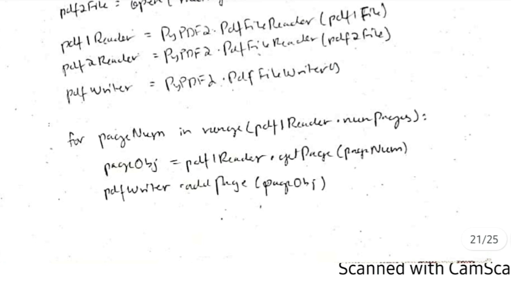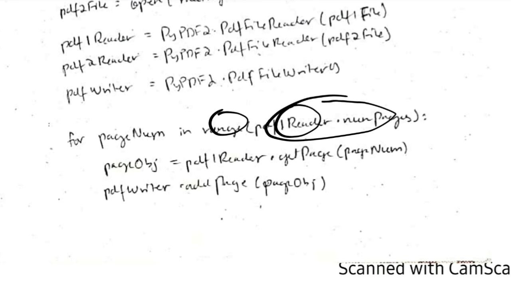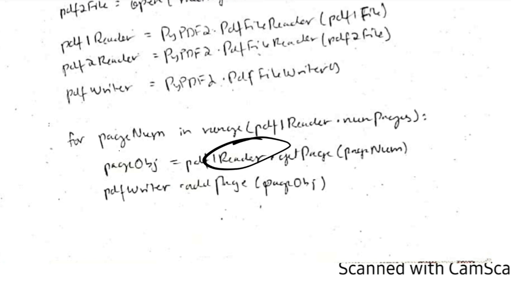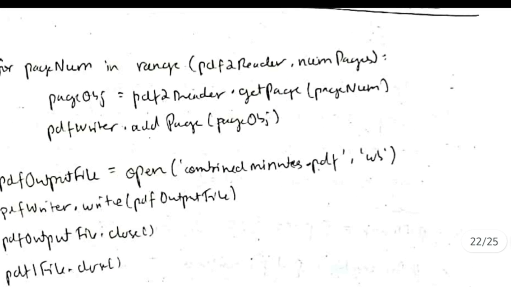Okay, and first we are accessing page 1. How many pages are there? In that range we have to access. So for page num in range(pdf_reader.numPages), for the first PDF we are doing this. After that we get the page object for each page in each iteration, and we add the page to the pdf_writer. The same thing goes for PDF 2 also.